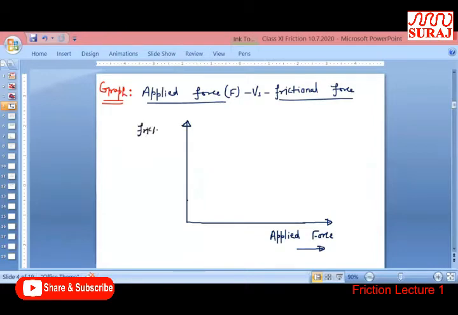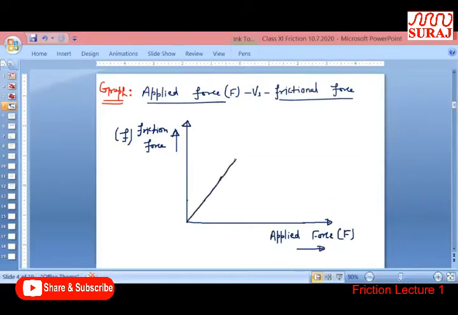And on the y-axis, I am writing the frictional force, or friction force. Applied force I will write with capital F, and friction force most of the time is written with small f.